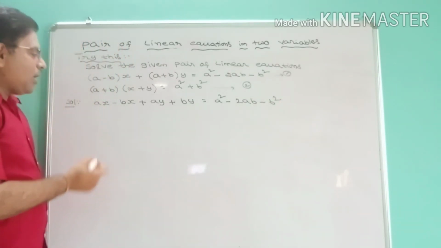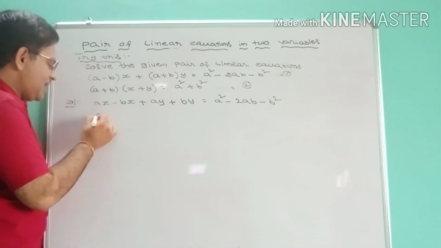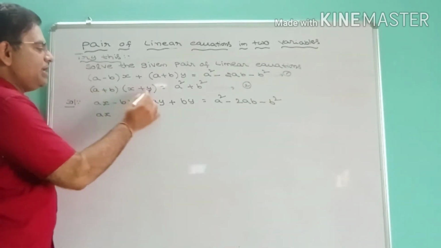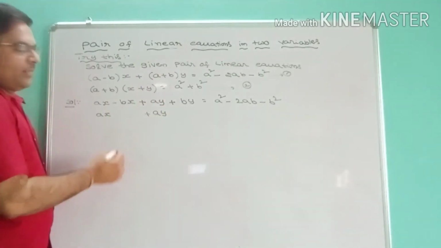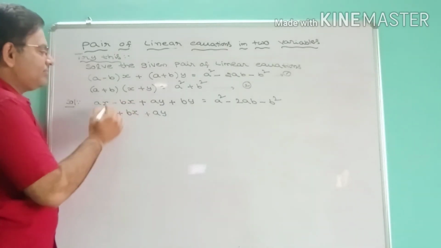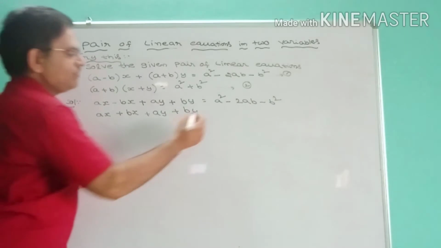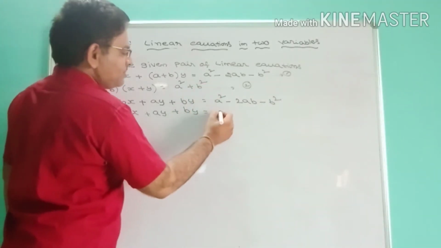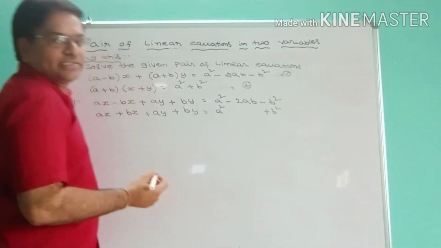Now in the multiplication, a into x, ax; a into y, ay; b into x, bx; b into y, by, equal to a square plus b square.